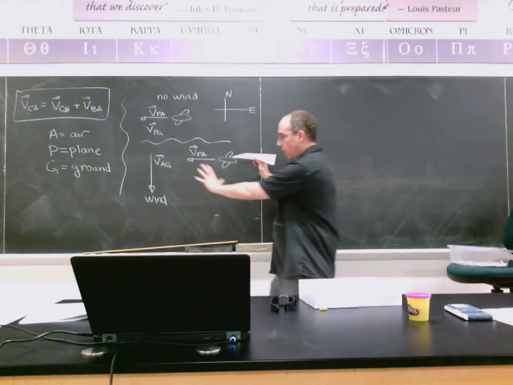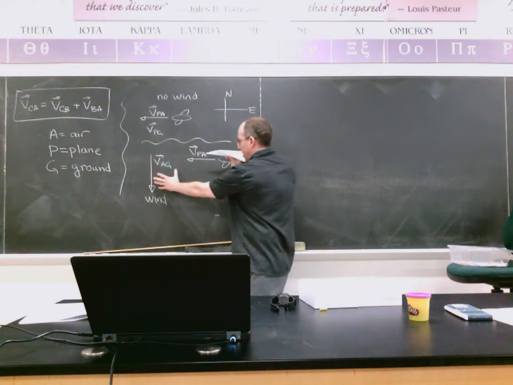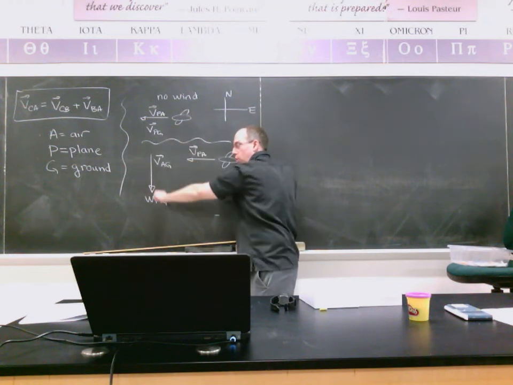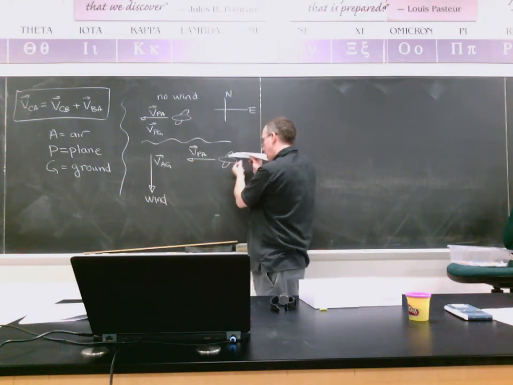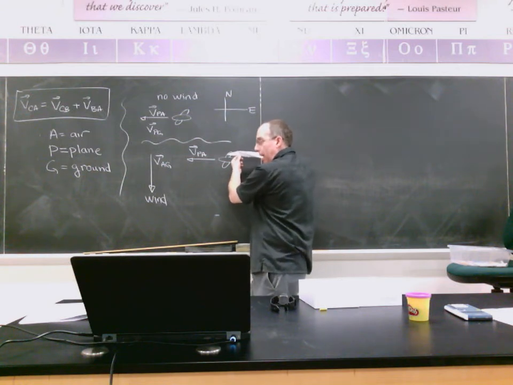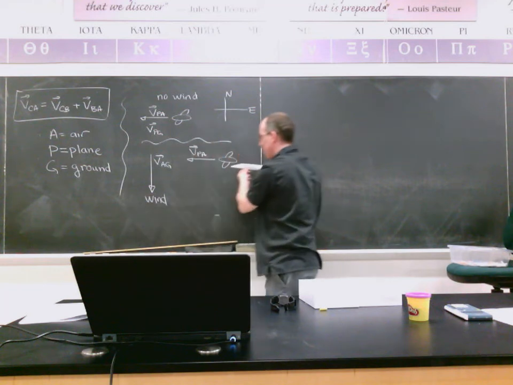Now, if there was no wind and the plane pointed itself to the west, it would simply move west. Except now we have wind blowing from north to south, and even though the plane is moving westward through the air, the air is moving to the south, so the plane ends up going like so.